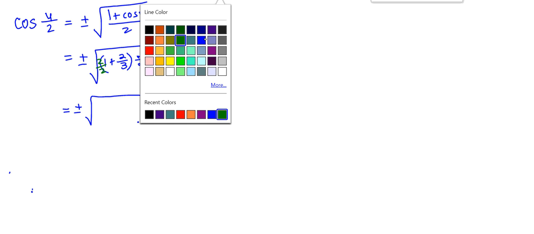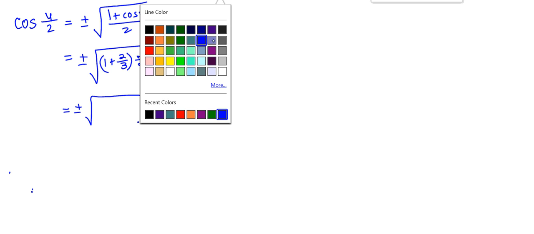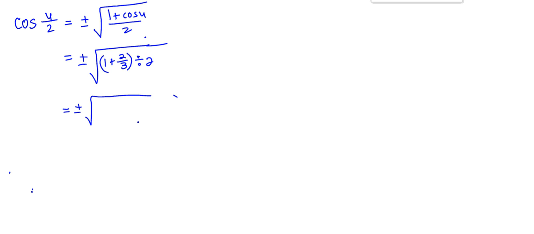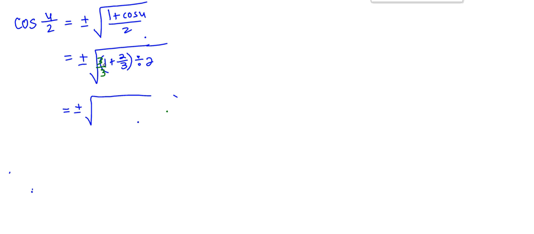My bad, let me back up. It's supposed to be 3 over 3, because the common denominator is actually 3. So we've got 3 plus 2, which is 5 over 3, divided by 2.